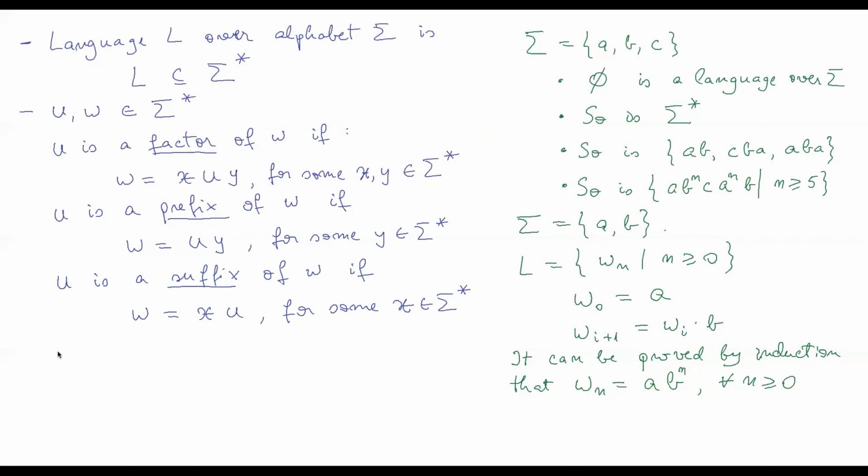And we also say that u is a proper, so the stress is on the word proper, a proper factor. We also have the same concept for proper prefix and proper suffix.